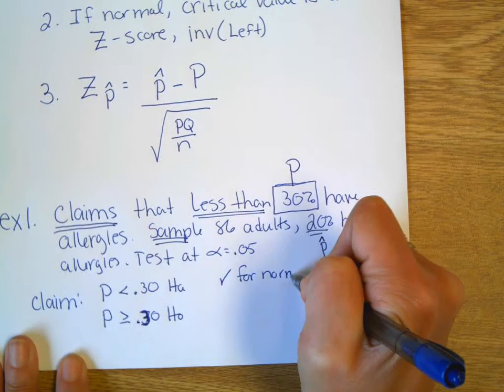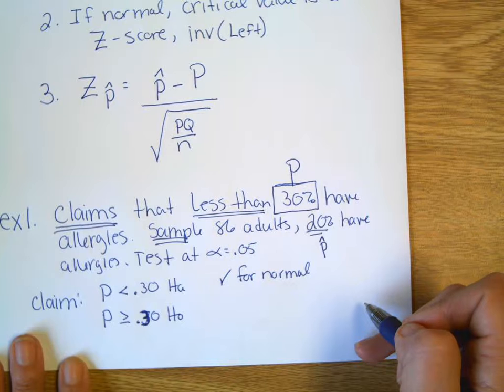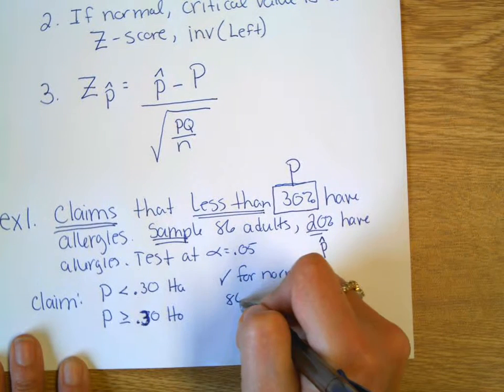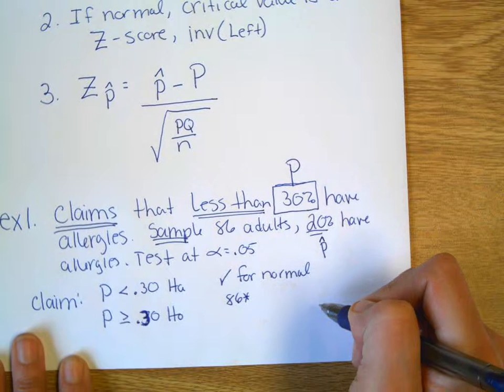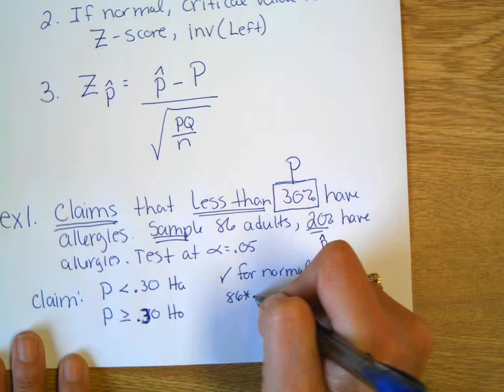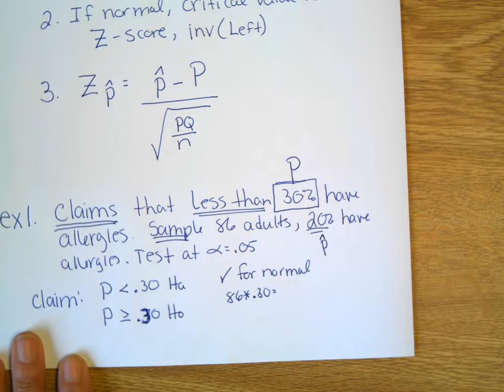So check for normal. I need N. Where's my N at in this problem? Which is 86 times big P. What's big P? 0.3. What's 30% of 86?